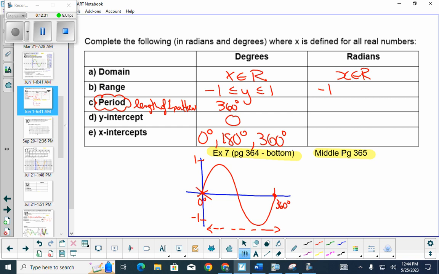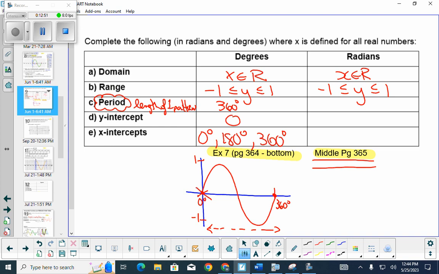This is middle of page 365. Middle of page 365. Okay? Okay. So domain and range don't change whether you're talking about degrees units or radian units. Okay, those stay the same.